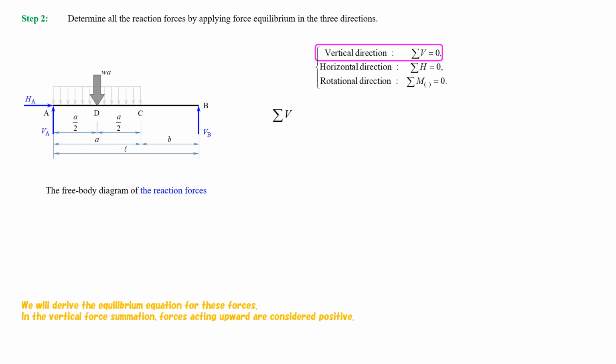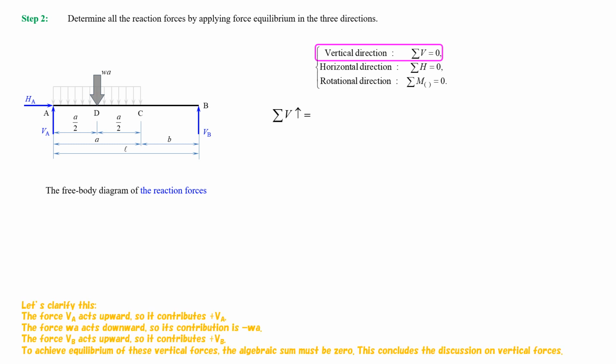In the vertical force summation, forces acting upward are considered positive. Let's clarify this. The force VA acts upward, so it contributes, plus VA.